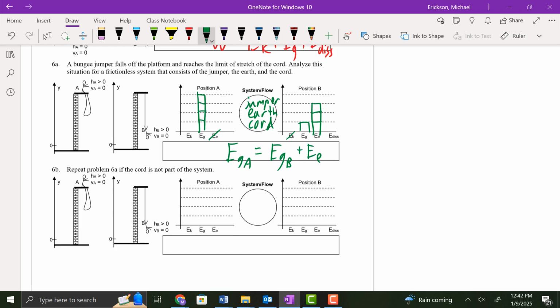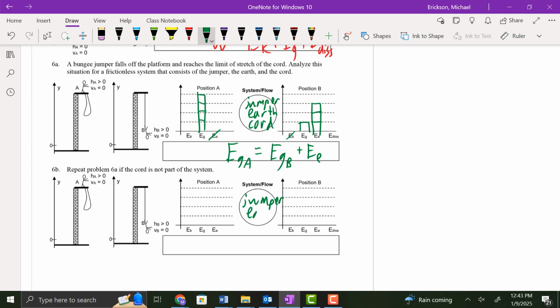They're different heights. EGA is greater than EGB. All the other scenarios we've done, we basically always went back to height 0. But in this case, if you don't use up all the height, you still have some potential energy left over.